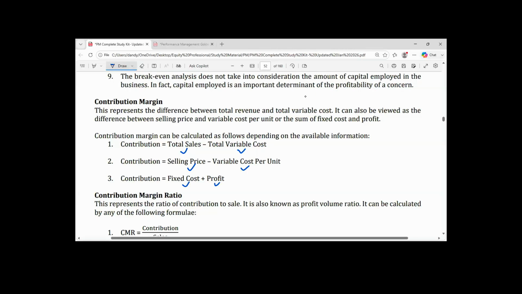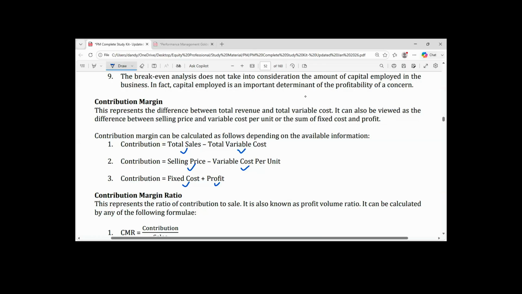Let's talk about contribution margin ratio. The contribution margin ratio is the ratio of contribution to sales, and it is also known as profit volume ratio.